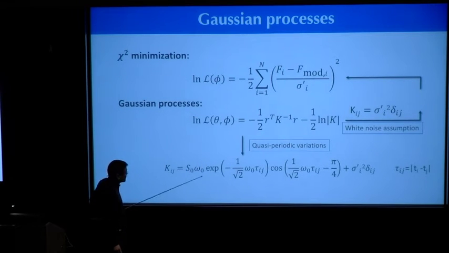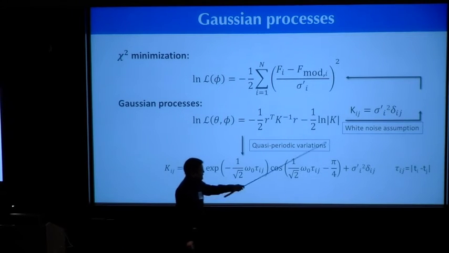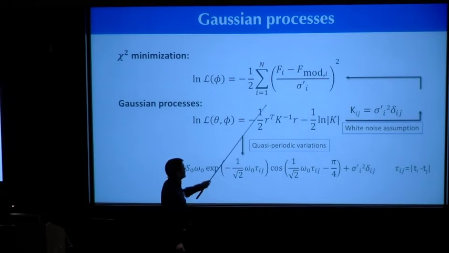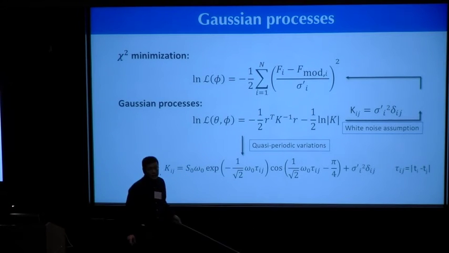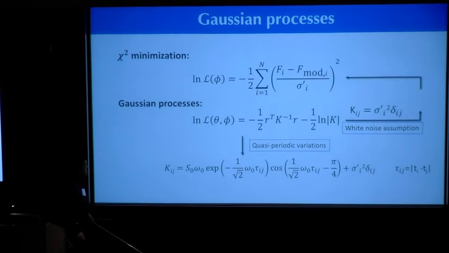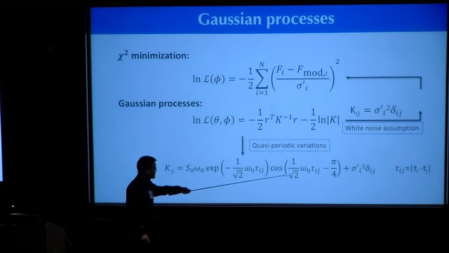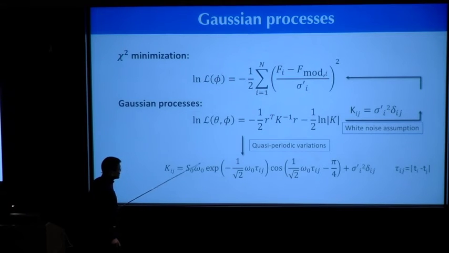So if this term is 0, then you only have diagonal terms, and the whole thing converts back to the classical chi-square minimization. Now, this term takes into account the intrinsic variation. Omega naught, again, controls how wide separated two data points can be, and they are still correlated.